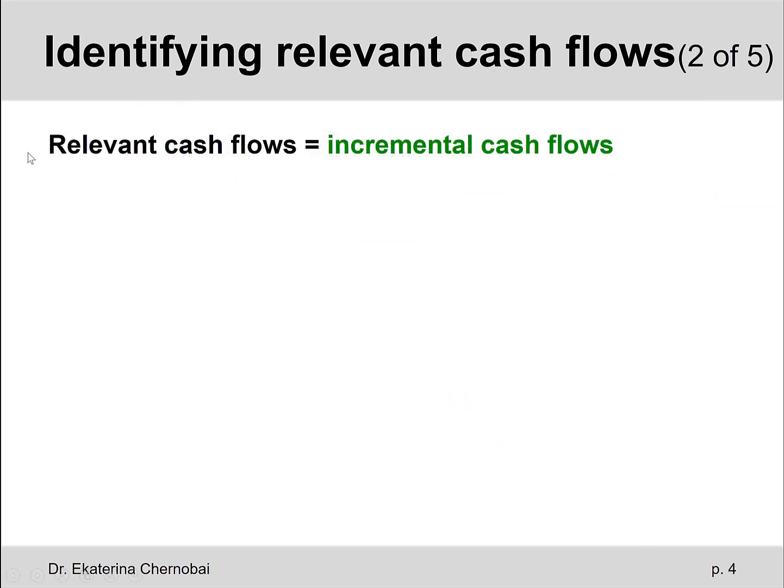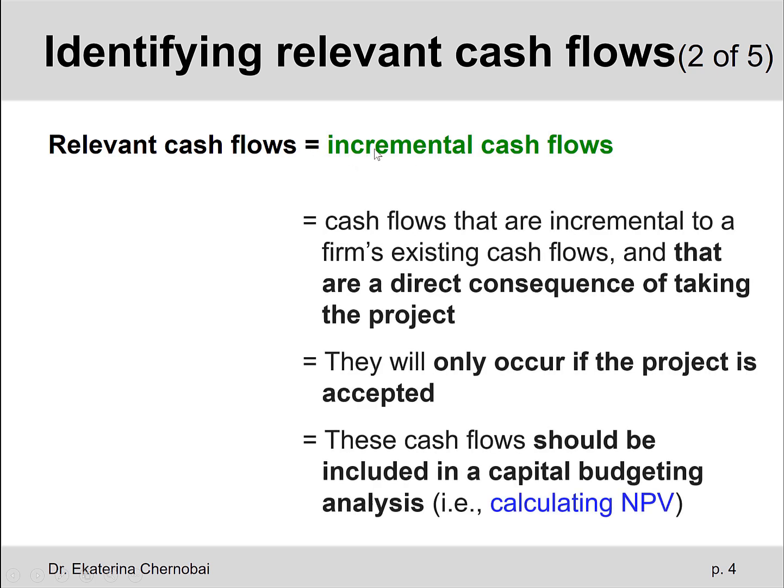Another way you can explain what relevance refers to is, you can say that relevant cash flows are incremental cash flows. The word incremental means additional. Additional to what? Additional to a firm's existing cash flows, right? So incremental or relevant cash flows are cash flows that are incremental to a firm's existing cash flows on other projects that it already has running, and that are a direct consequence of taking this project.